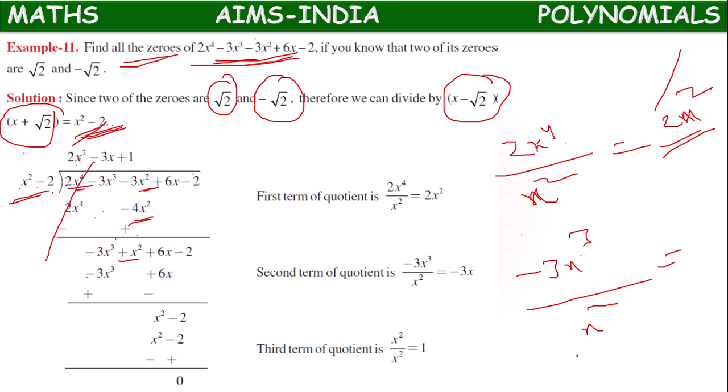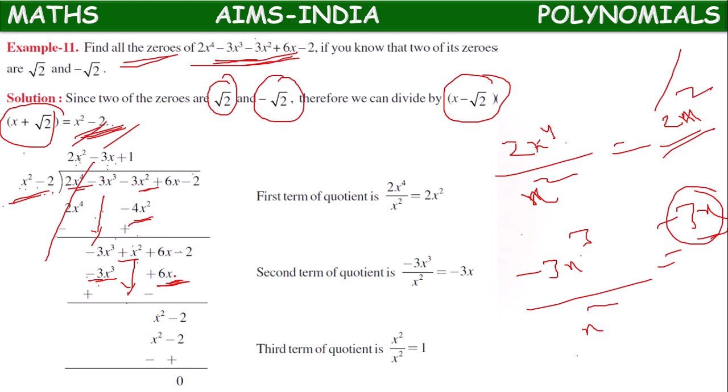From x cube, x square gets cancelled, 1x will remain, minus 3x. Let's multiply with minus 3x. Minus 3x into x square, minus 3x cube. Minus 3x into 2, plus 6x. So the x cube term is there, the x square term is missing. Let's carry it as it is.